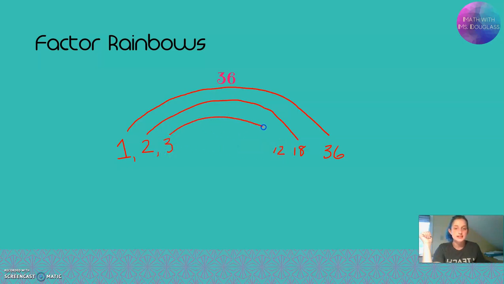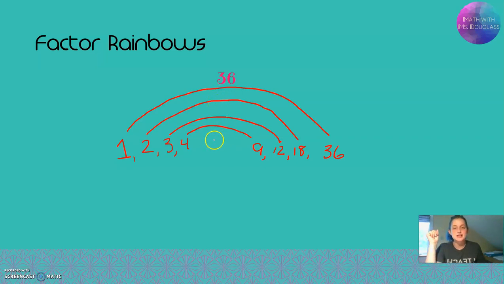So notice how I'm connecting them nicely, and I should be putting commas on this side too. 4 times 9 is 36. 5 times, I know this does not end in a 5 or a 0, so 5 times nothing. But I'm still going to keep going through them and checking them in order.